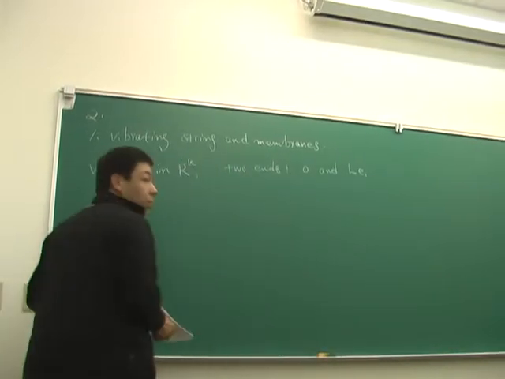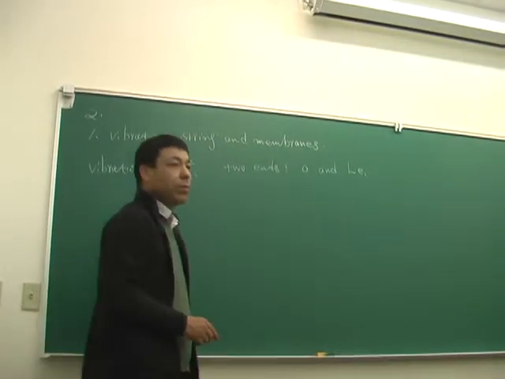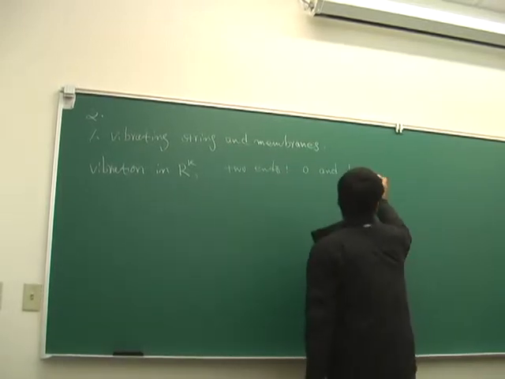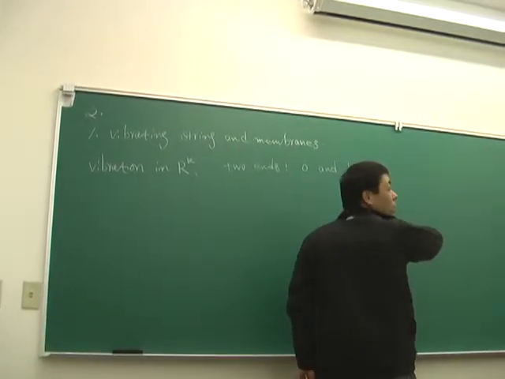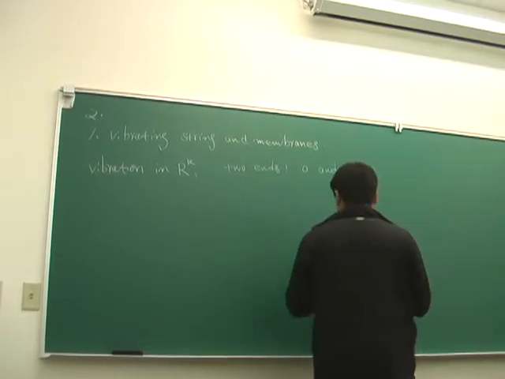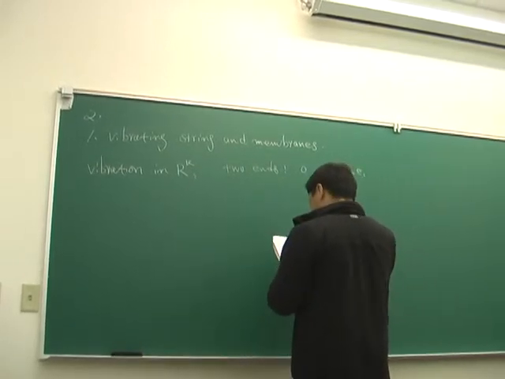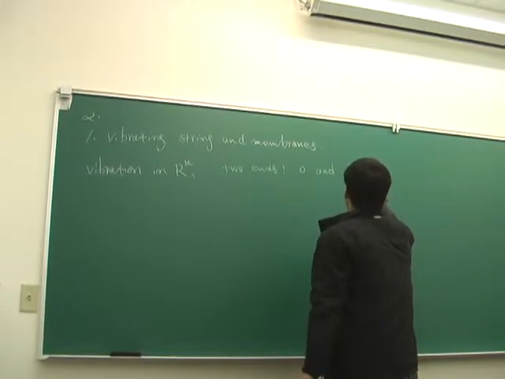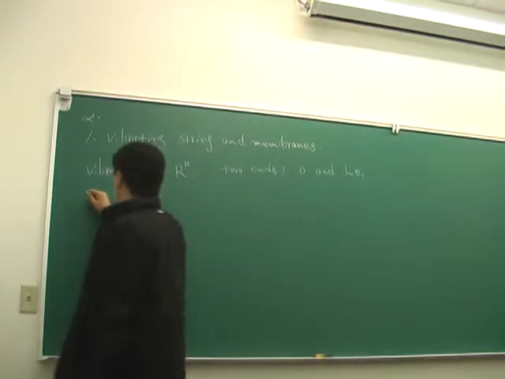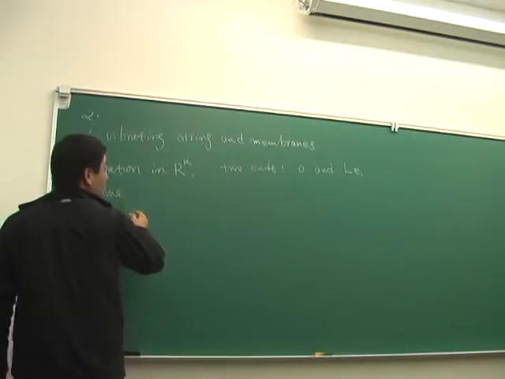Is that L? E1? Oh, e1 is the basis vector in R^k, right? Yes. And L is the length. That's the notation used. But here e1 is a vector, so it's not right to write it this way, but anyway, we understand.